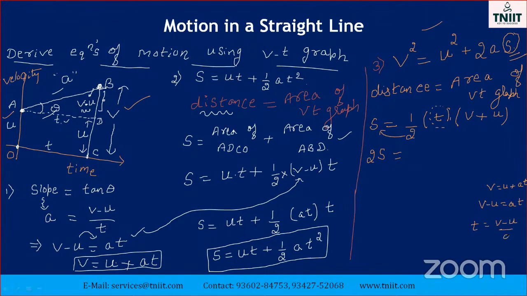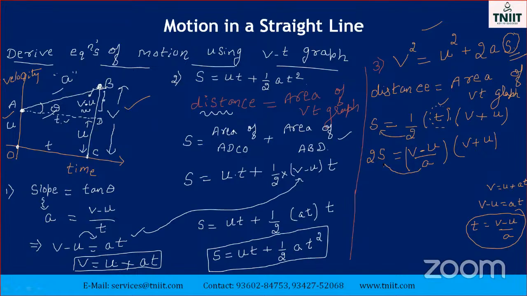V minus U by A. So in the place of time, you can substitute V minus U by A. So in the place of T, I can take V minus U divided by A into V plus U.